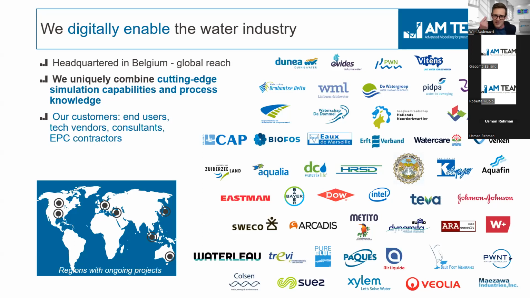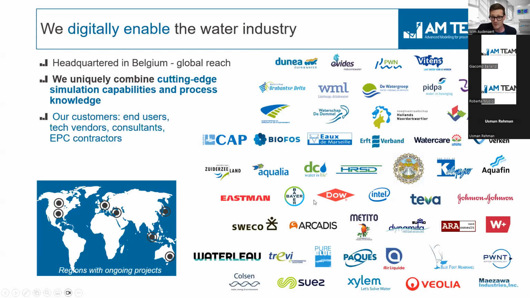And what makes it a little bit special is this combination of cutting-edge simulation capabilities with process understanding, because we believe you can only build a very good computer model if you really understand the process. Some of our customers are on this slide here. I'm sure you know a lot of them. So a lot of end users, for example, a lot of utilities, as you can see here.